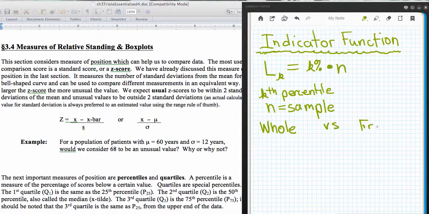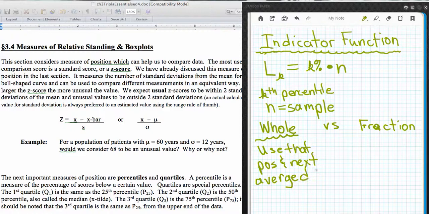So we need to know what happens when they're a whole number versus what happens when they're a fraction or a decimal. So when they're a whole number, this causes actual problems because what it says is that there's not actually a position in the data that will put this percent underneath. So when it's a whole number, we use that position and the next averaged.